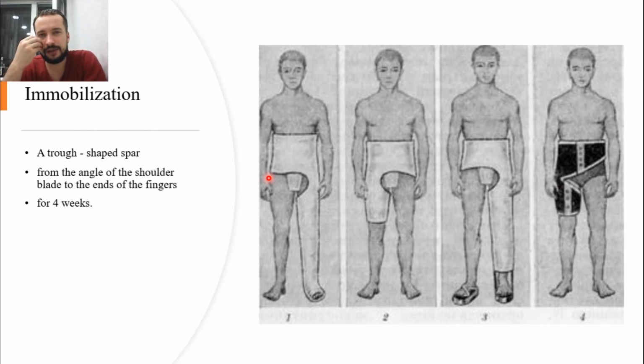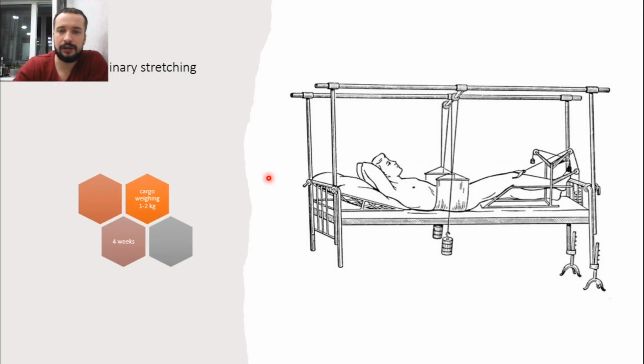Really, I never saw this type of immobilization, and we always use another technique, and now I will show you it. Plaster immobilization can be replaced by skeletal traction with a load weighing, for example, 1-2 kilograms, for the same period. Yeah, and you see that there we have another mechanism.